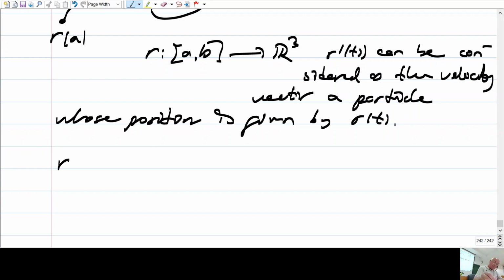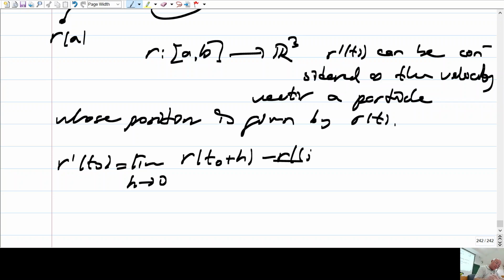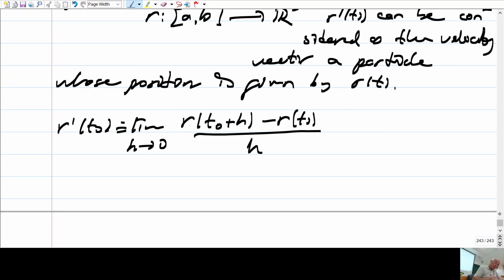Why is that? Well, what is this? This is, as usual, just the limit as h goes to 0 of r(t0 plus h) minus r(t0) divided by h, right? This is the usual definition of derivative. And what does this mean? Well, this is the position at r(t0), and this is the position at r(t0 plus h).